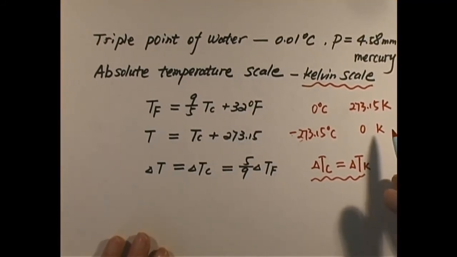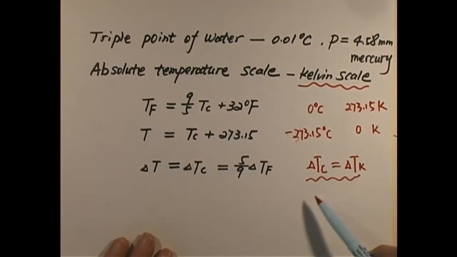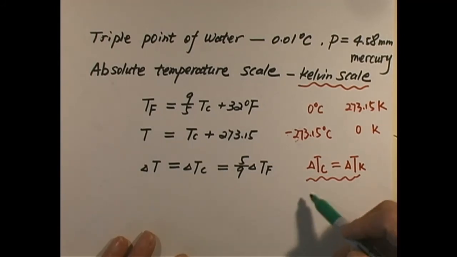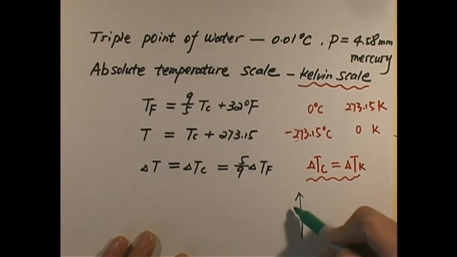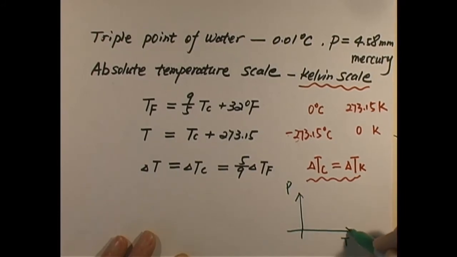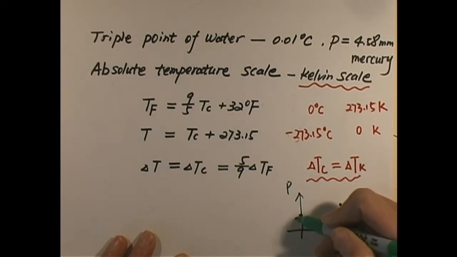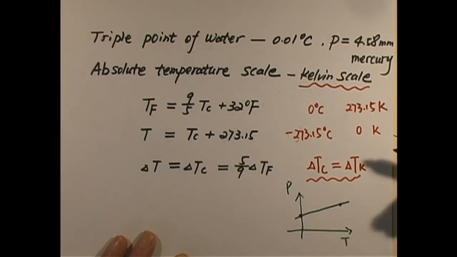Now, in order to define a temperature scale, we need 2 points. If you remember, for the Celsius temperature scale, on the pressure versus temperature plot, we choose 2 points. One is at 0 degrees Celsius, which is the ice point. The other is the steam point, which is 100 degrees Celsius, and we have a straight line. This is the reference line.